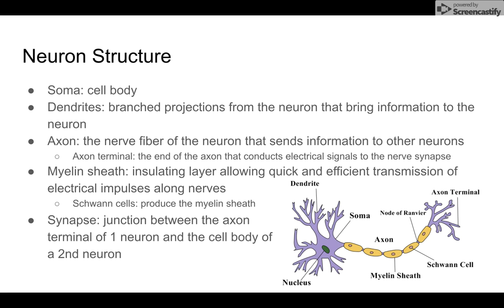The terminal is the branched end of the axon. The myelin sheath insulates the neuron, allowing for quick and efficient transmission of electrical impulses, and this is made up of Schwann cells. And then a synapse is the junction between an axon terminal and the cell body of another neuron.